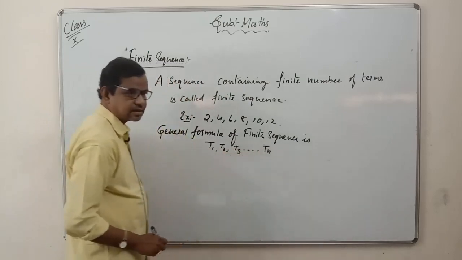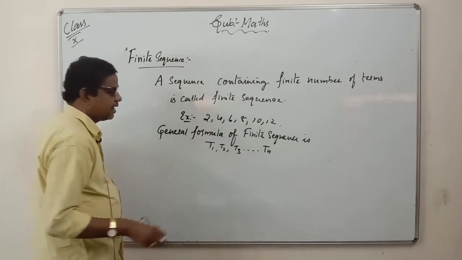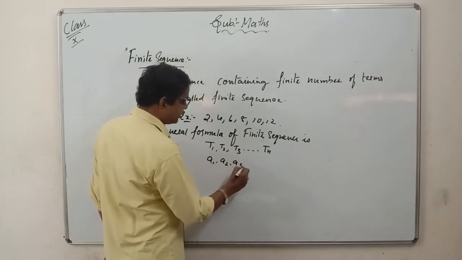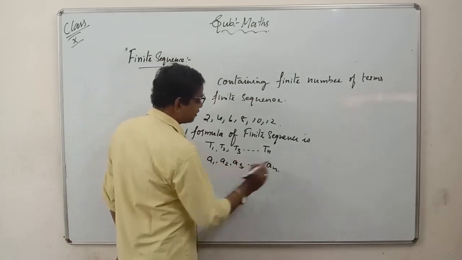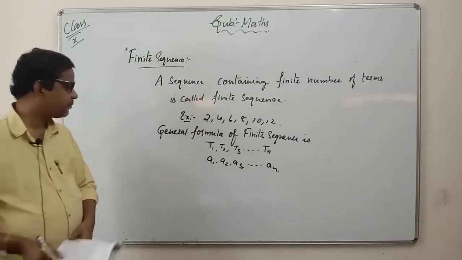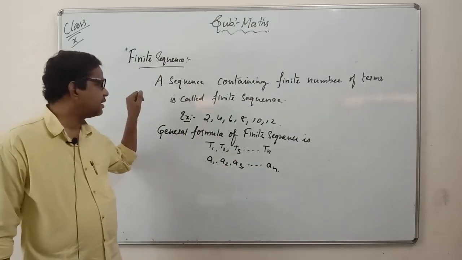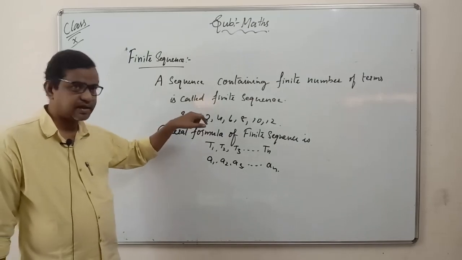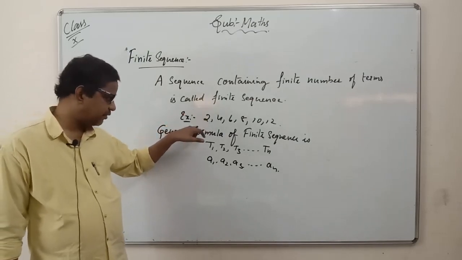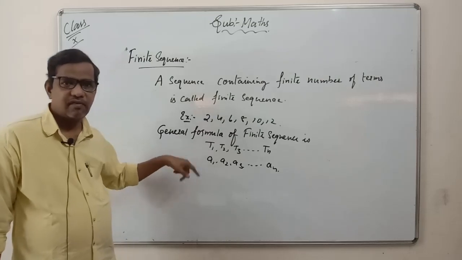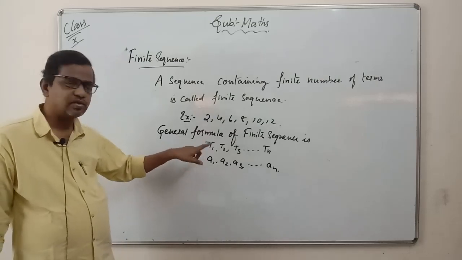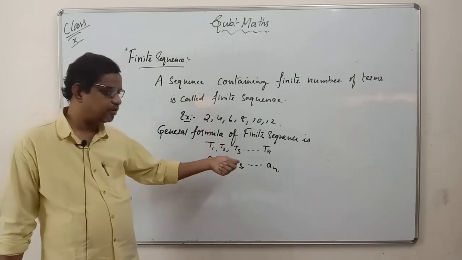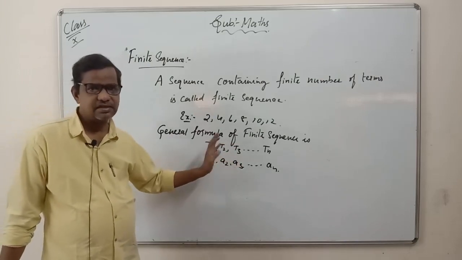So n is the last term, which is countable, or which has the ending. Or you can go with A1, A2, A3 up to the nth term. This is the general form of finite sequences, and a sequence containing a finite number of terms is called a finite sequence. The general formula of finite sequences is T1, T2, T3 up to Tn, or it may be A1, A2, A3 up to An. That is the nth term, which is countable.